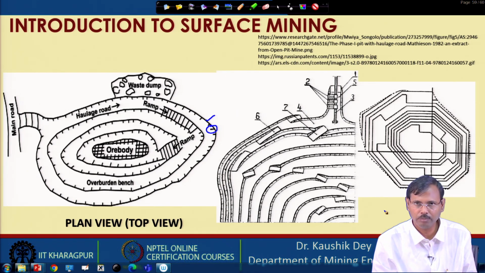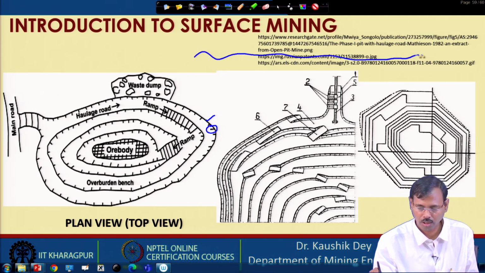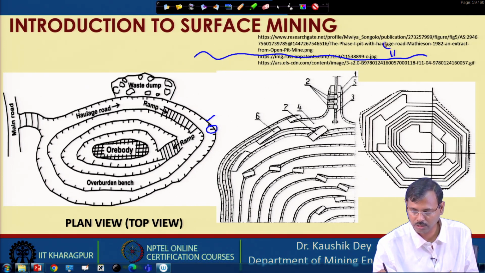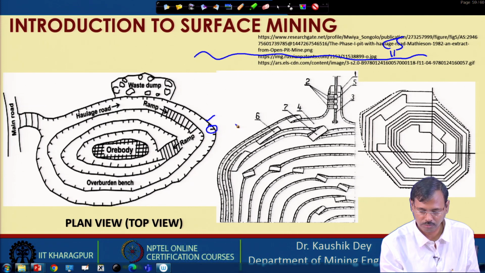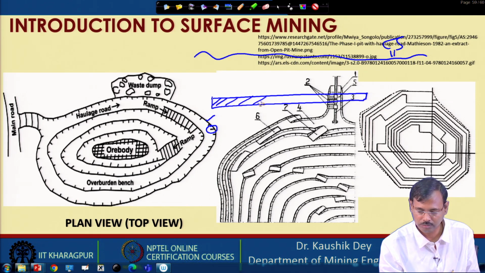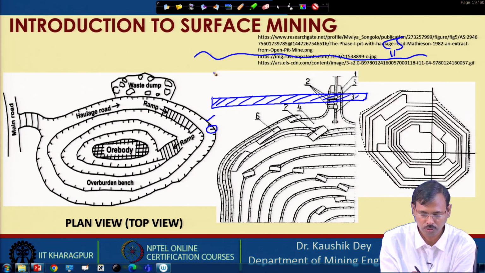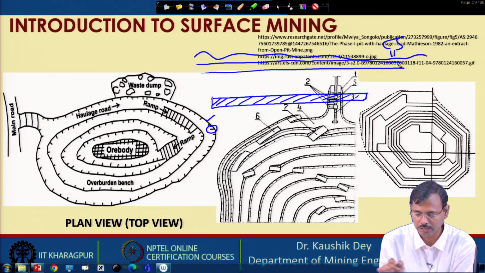Surface mining is nothing but the excavation of horizontal slices. What is the meaning of that? If this is your surface and you have an ore body lying here like this, to excavate it we first take out horizontal slices like this.